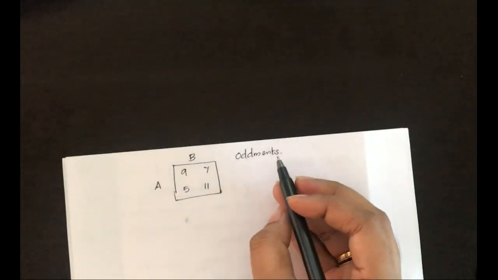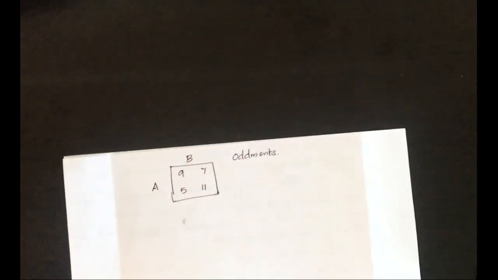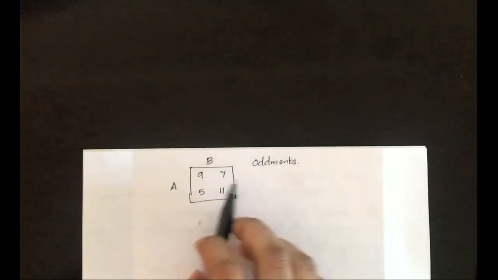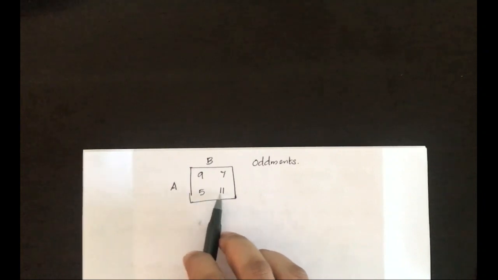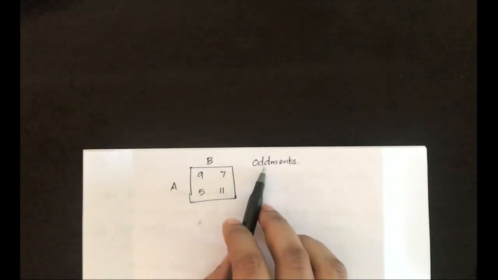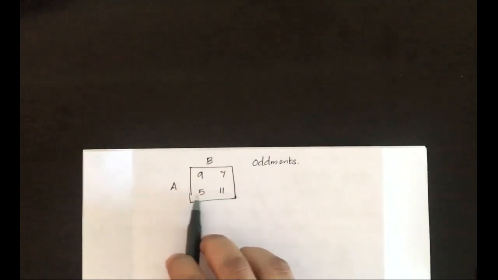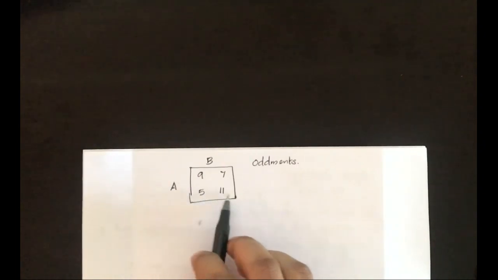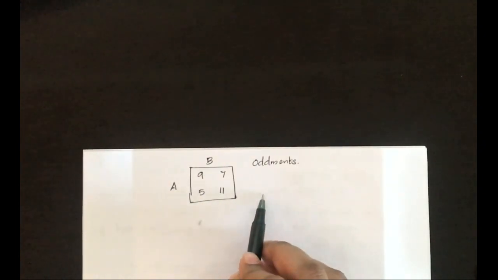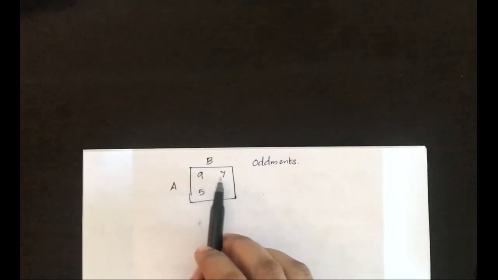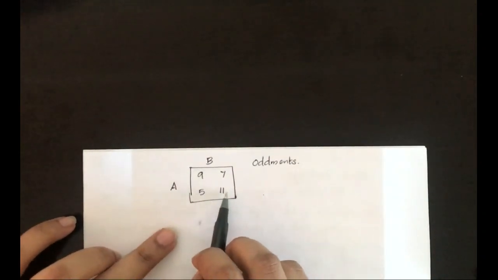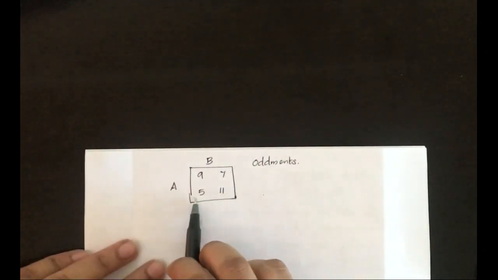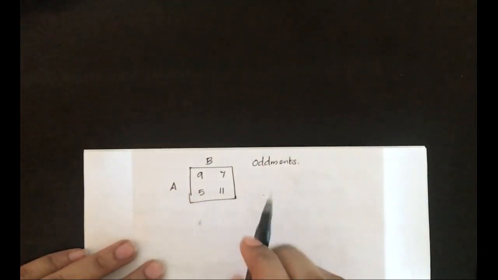Oddments in the row are found using this method. The oddment of the first row is the difference between the values in the second row, and the oddment of the second row is the difference between the values of the first row. What is the difference between the values of the second row? 5 and 11. The difference is 6.